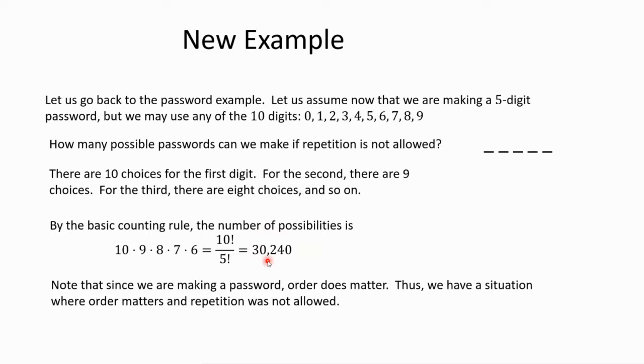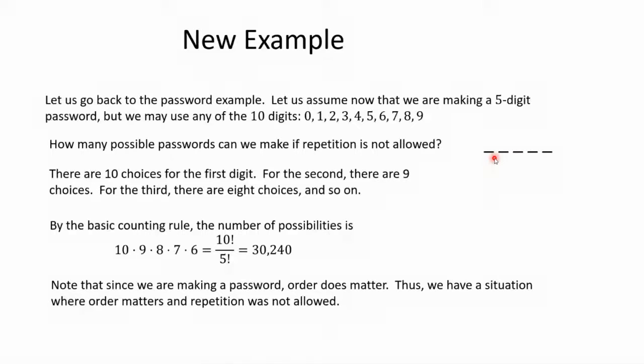Now, since this is a password, order does matter. You know, if you do 1, 2, 3, 4, and 5, that's different than 1, 3, 2, 4, 5. If you change the order, it's a different password technically. And no repetitions allowed.